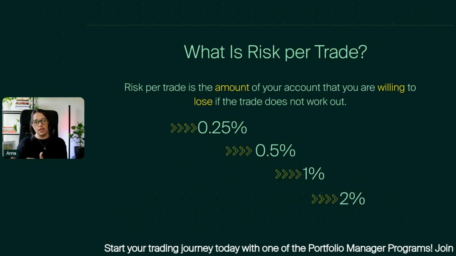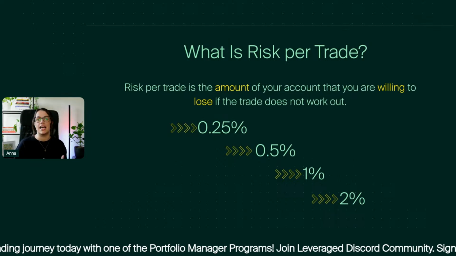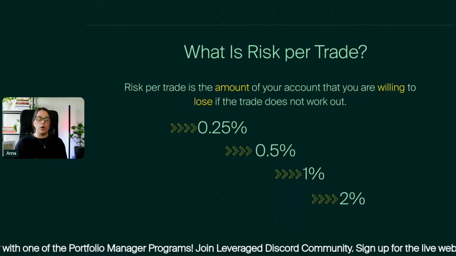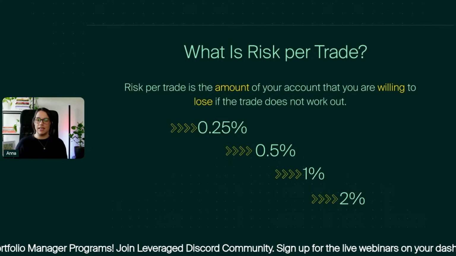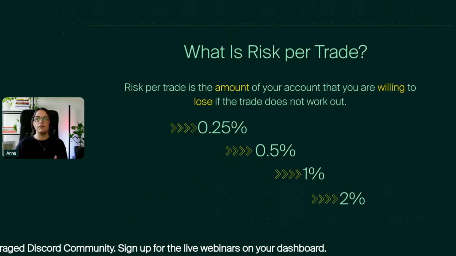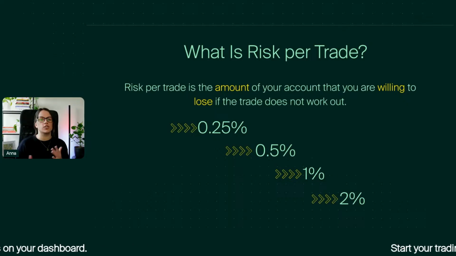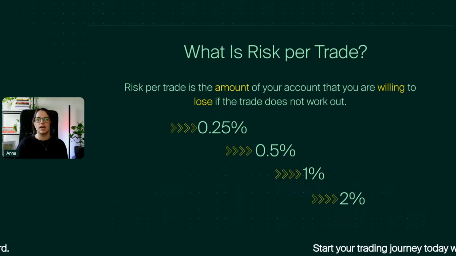So, and then another thing is the emotional attachment to your risk and how much you can stomach. I want to also point out that there is no standard rule of the risk. And you probably have heard that professional traders risk 1 to 2%, no more, no less. This is like their standard. And I do want to say that I don't agree with that.